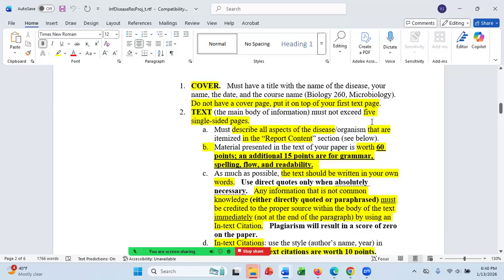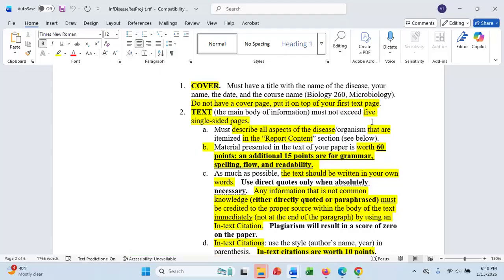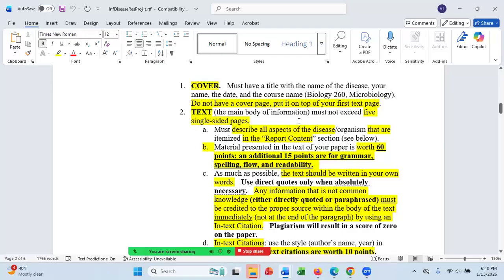So then you have the text of your project, and this text should not exceed 5 single pages. If it's more than 6 pages, I'm talking about the text, then you'll get a penalty. If it's less than 4 pages of text, then you'll get a penalty. Okay? In the counting, I'm not going to count any pictures.